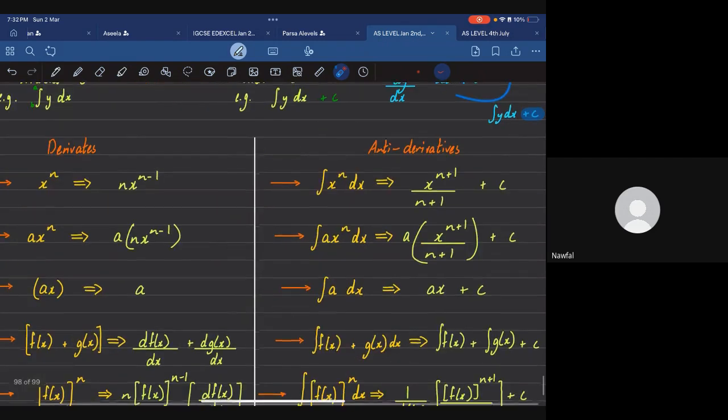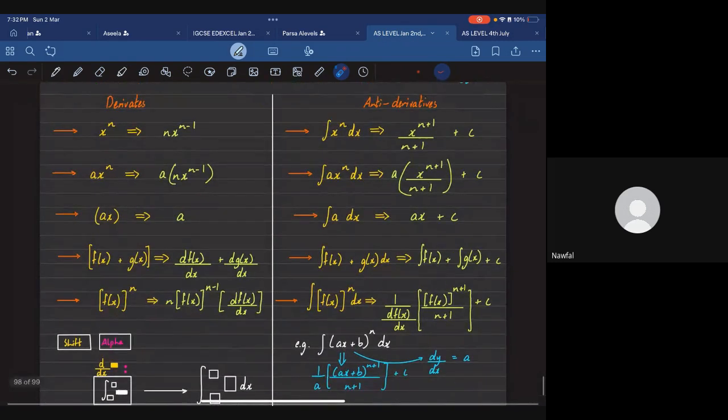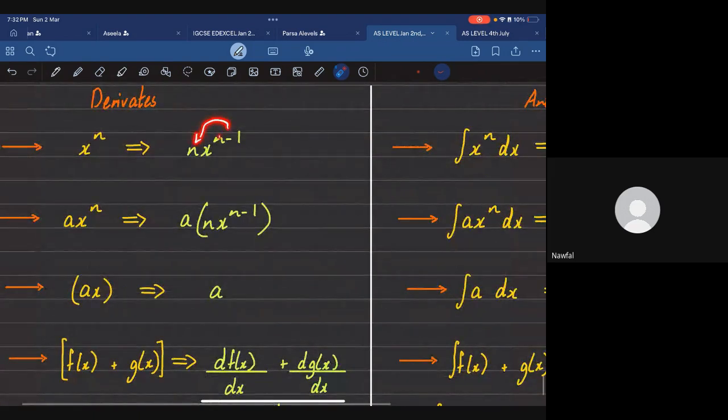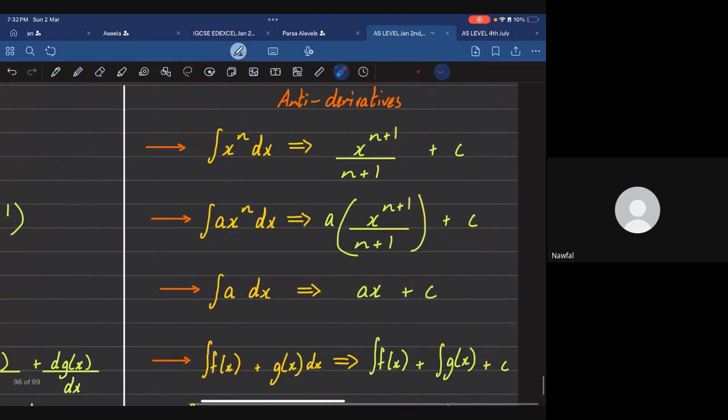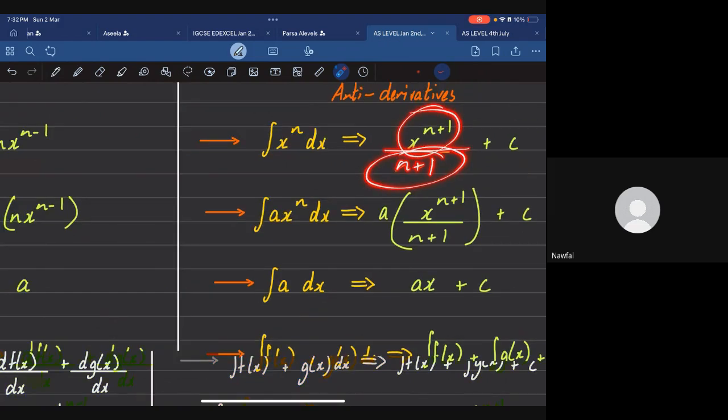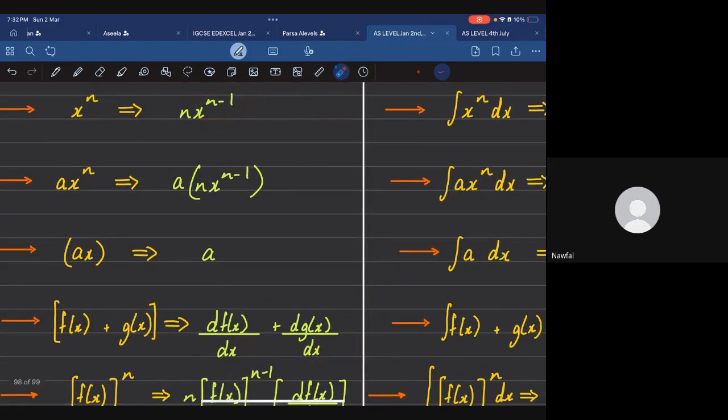All right. And then we did a few derivatives and antiderivatives. For example, if the derivative is this, what will be the antiderivative? Power to the front and n minus 1 from the power. So now what you're going to do is divide by the power. And what is the power? n plus 1, because you were doing n minus 1 before.